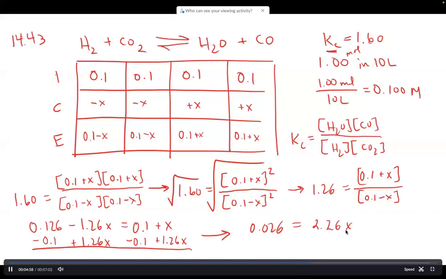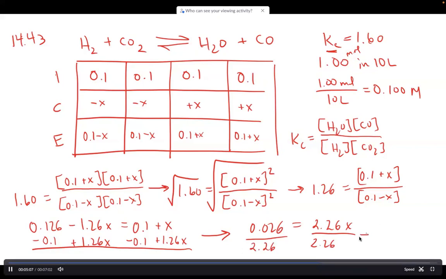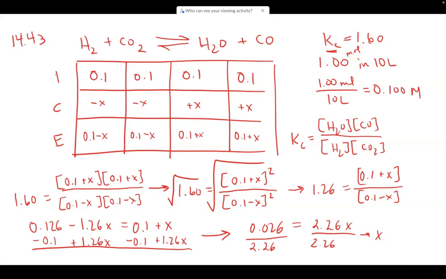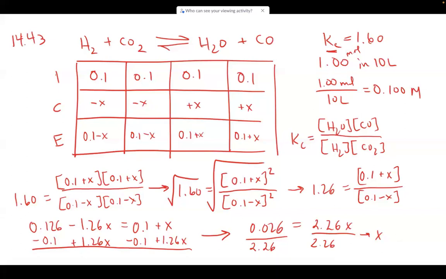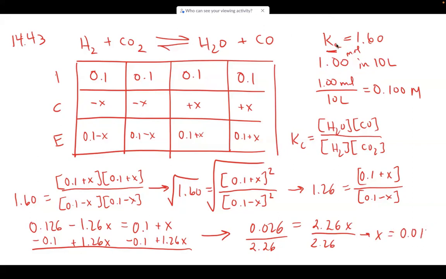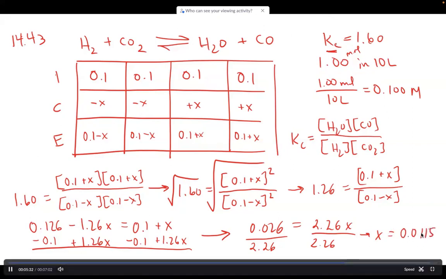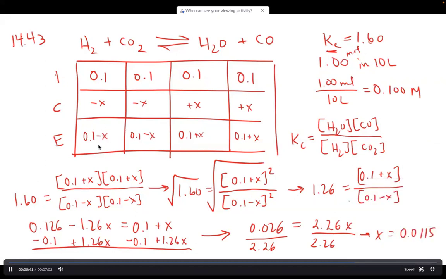Now I can divide both sides by 2.26 to get X by itself, and from that we can see that X equals approximately 0.0115.